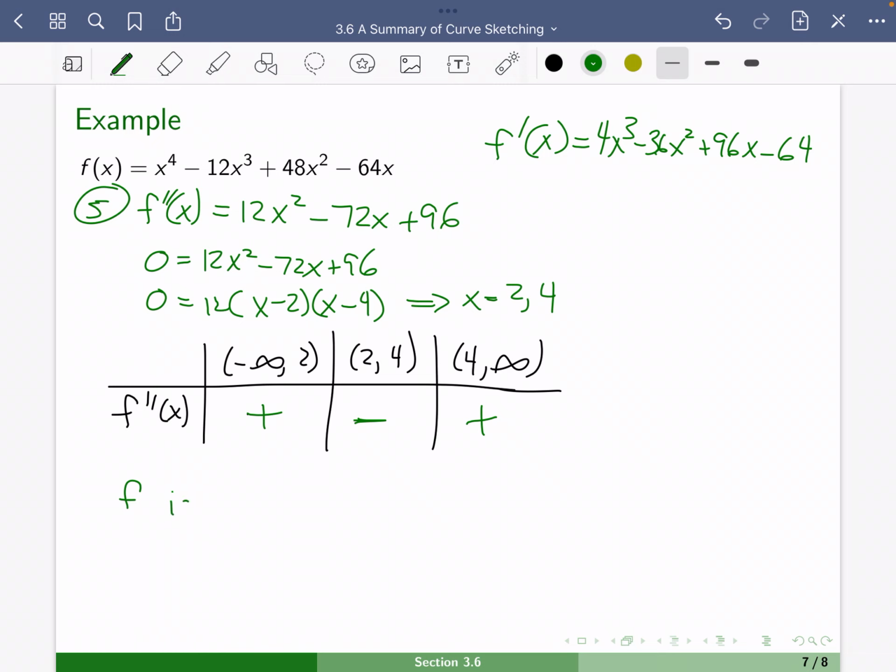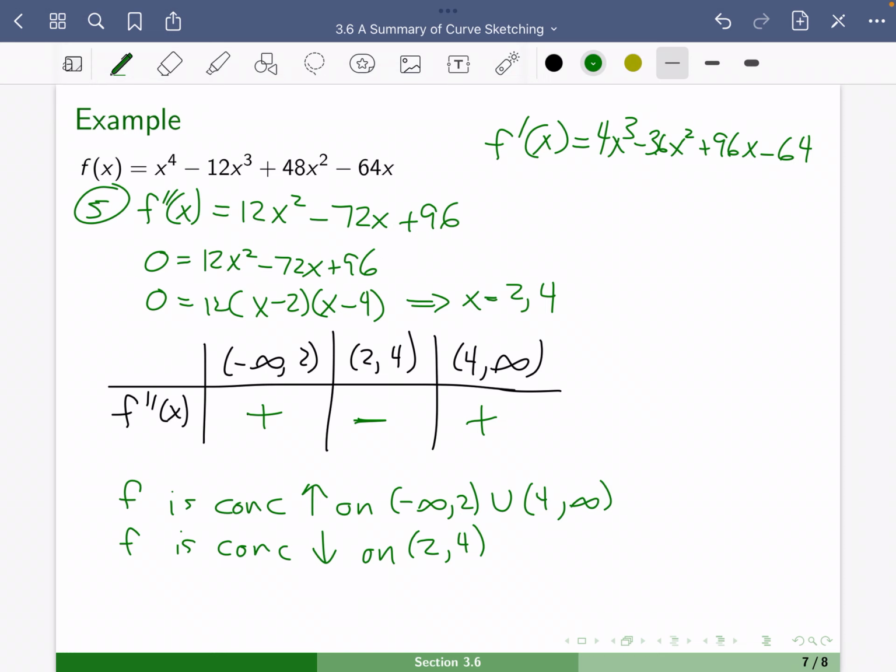So f is concave up on negative infinity to 2, along with 4 to infinity. f is concave down on the interval from 2 to 4.